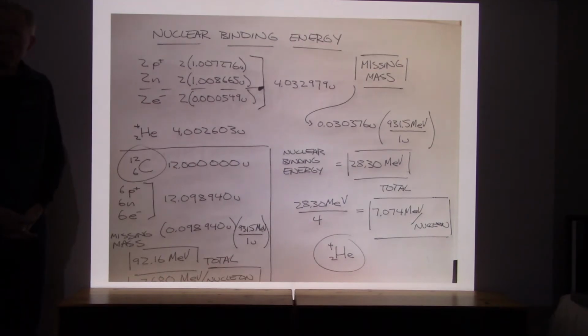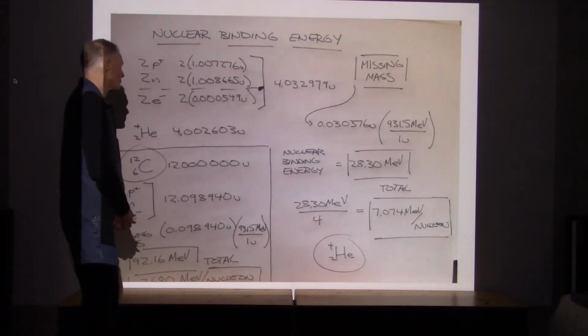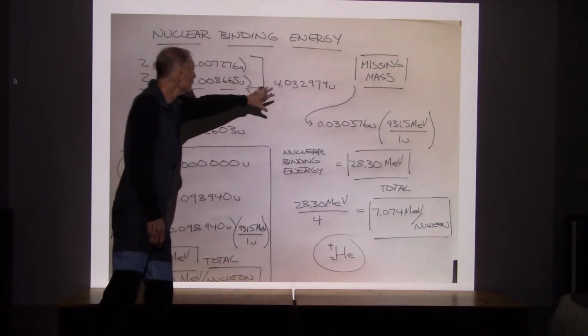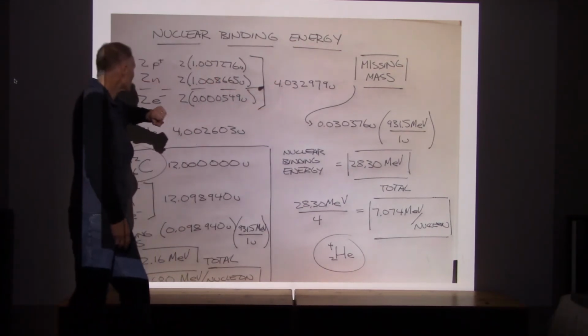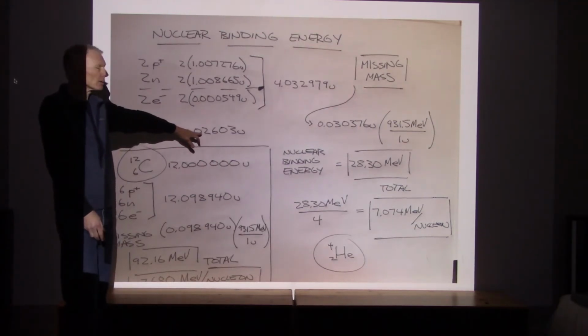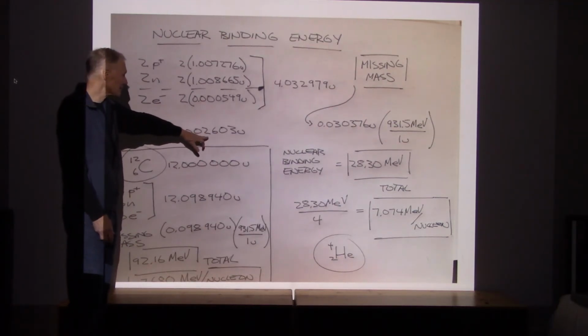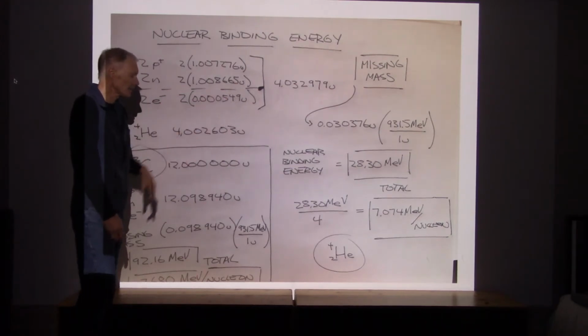So what's going on here is primarily the nuclear force. The nuclear force is so strong that we're actually seeing how it affects the mass of this nucleus. So we can actually carry out a calculation. We can say individually the protons and neutrons and electrons would have this much mass, but due to the nuclear force primarily, it's got less mass. There's missing mass taking place.